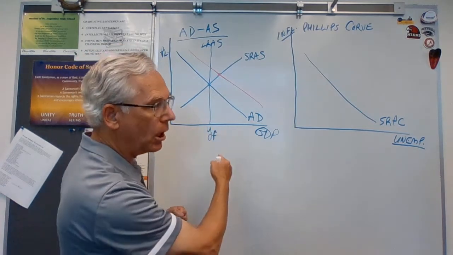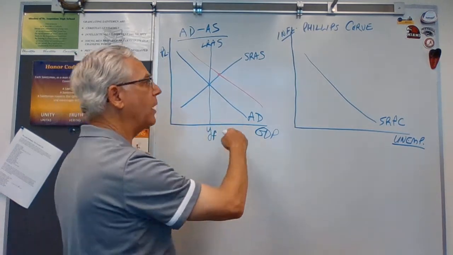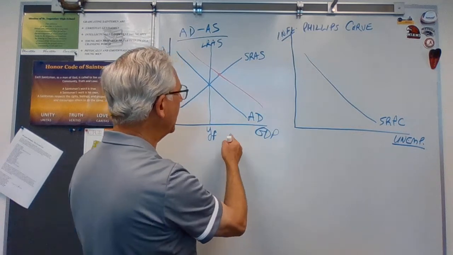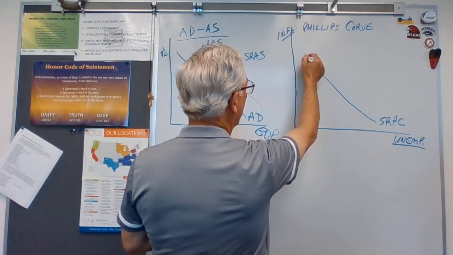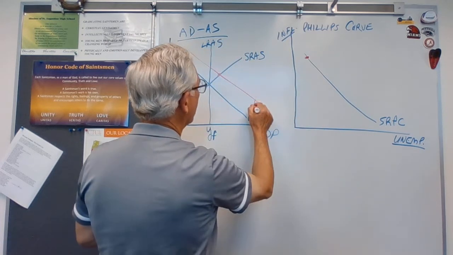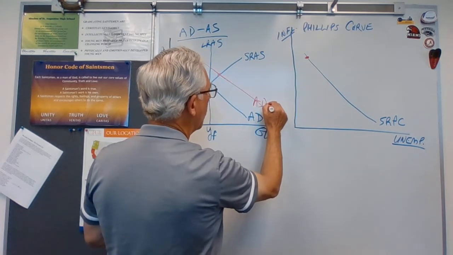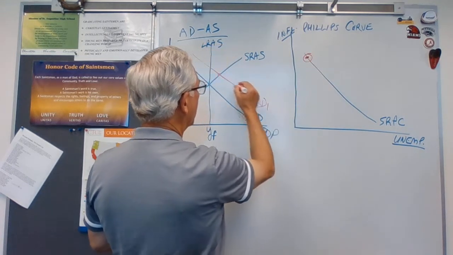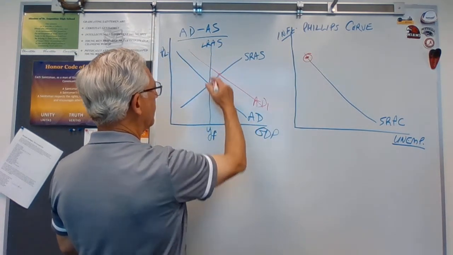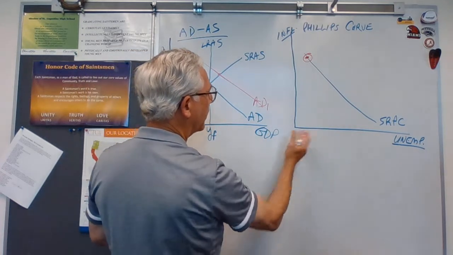So operating beyond full employment level means a high rate of inflation, low rate of unemployment. So that would be a position up here, okay? So this AD1 is going to be associated with this point right here. High rate of inflation, prices going up, low rates of unemployment.